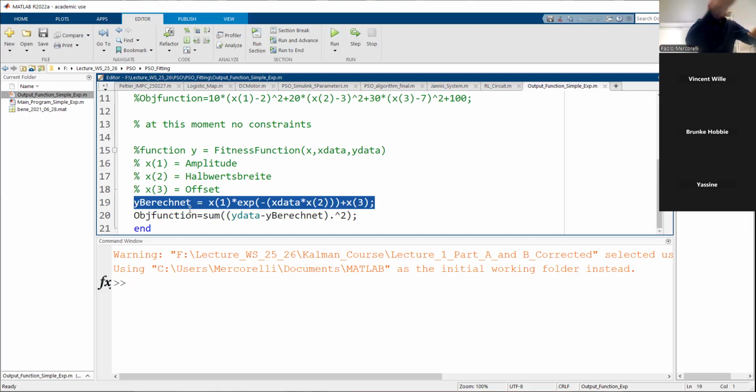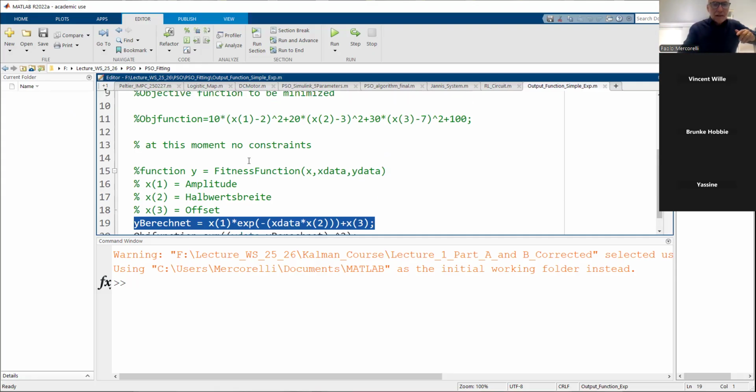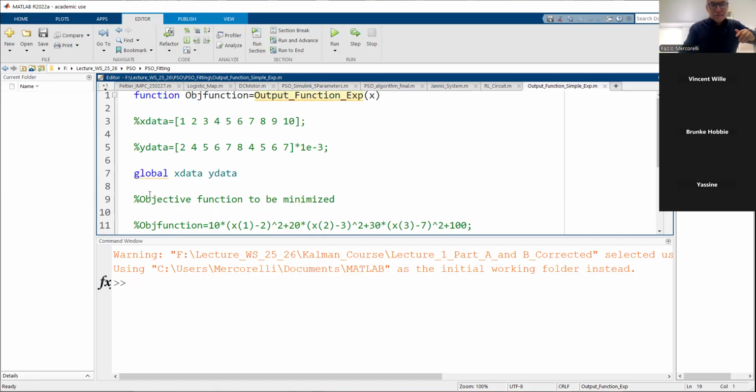At this moment, just to start, didactically, we have y Berechnet, or the y in general. If you remember, we have here the data: y data and x data. Y is exactly the roughness. I told you we measured with a glossmeter, and x is a linear position.